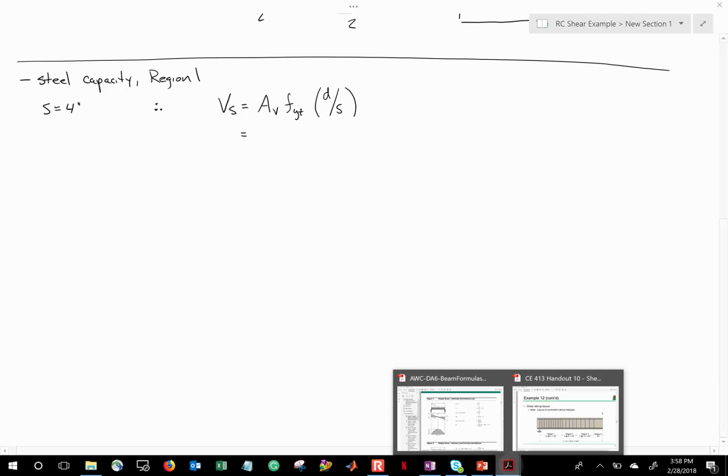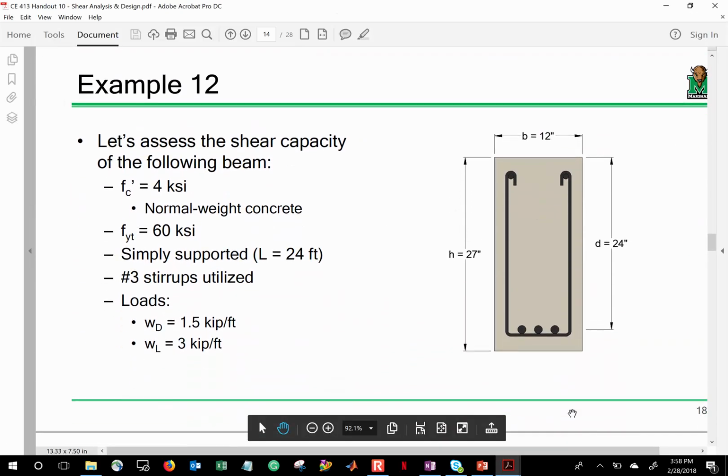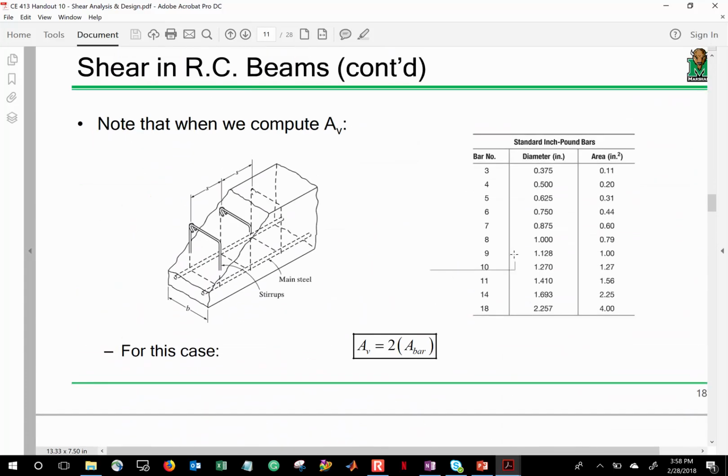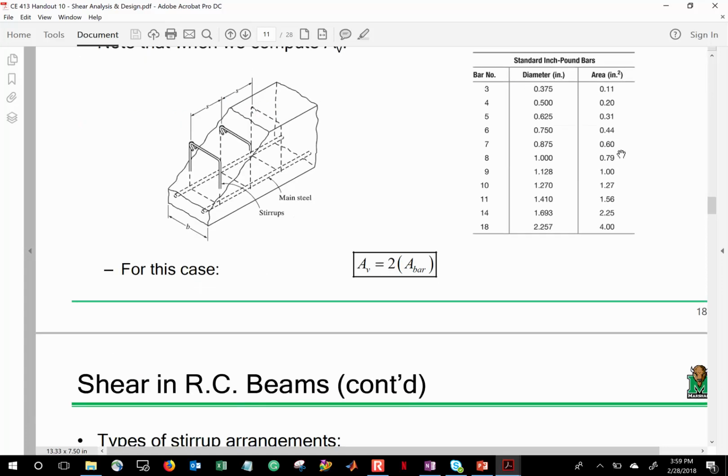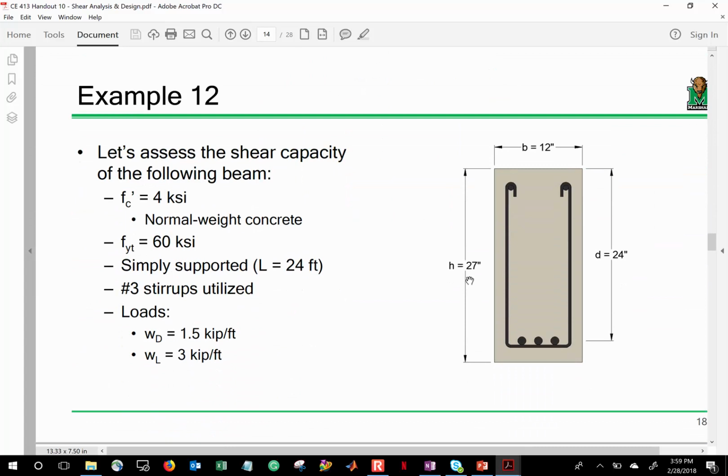Now, let's take each of these one at a time. AV. We have number 3 stirrups. The area of a single number 3 is 0.11. In our scenario, we have what's called a U-shaped stirrup because it kind of looks like a big U. But remember, cut a section right through the middle of that beam and we're going through 2 bars.